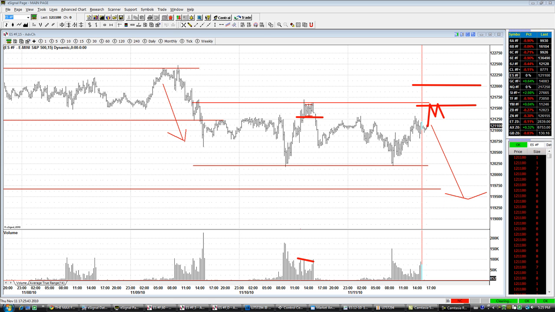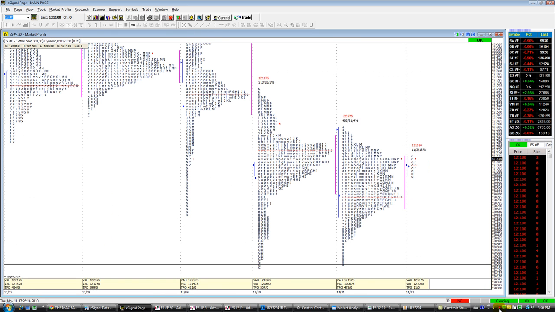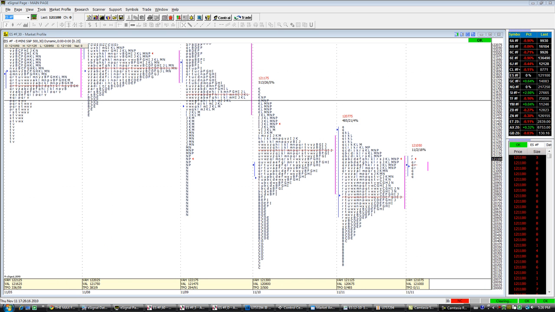And why would we have our stop at 1220 and a half? Well, let's check that out. Let's go to our market profile, and this is the area where we have identified a potential short.